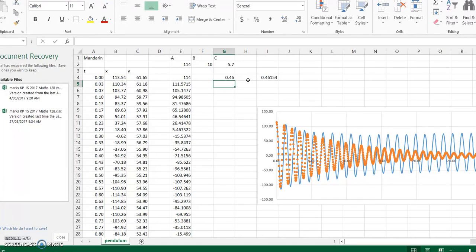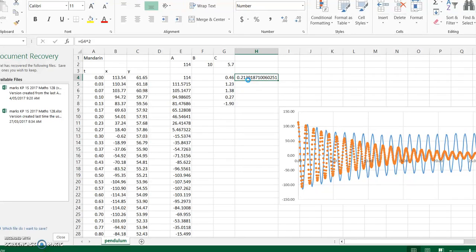This is the difference between those two. And if I did that for all of these, let me just do it for a few. Okay, there's the differences. Now, like I said, it's the square that you look at. So let me square that number. Copy that down.